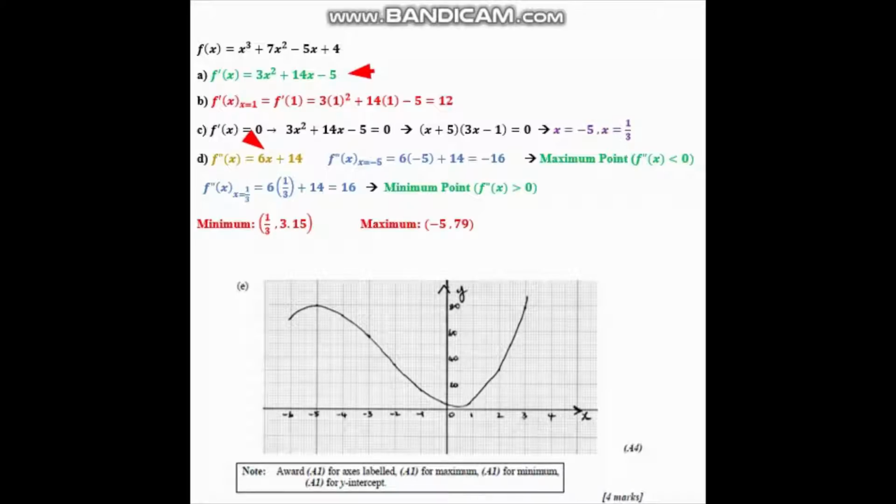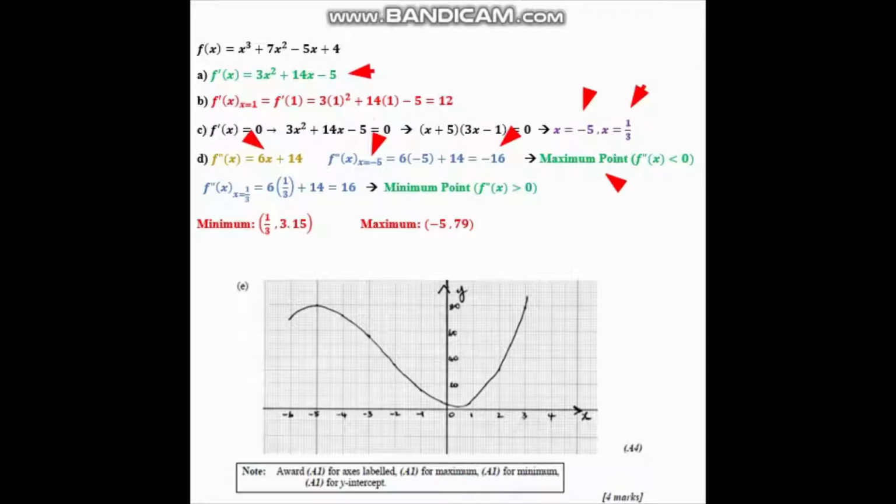Then I'm going to plug the two values of x in and see the values of f double dash. When x equals -5, f double dash is -16. Since the value is negative, this is a maximum point. You should know that the maximum point is a point where f double dash is always negative.